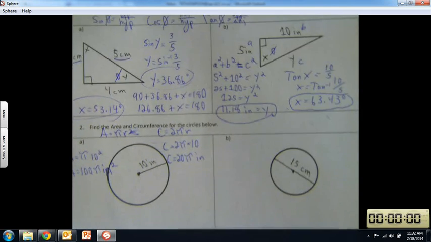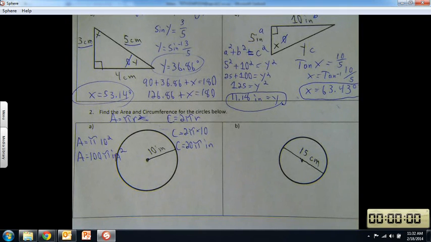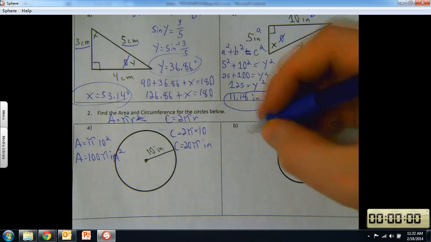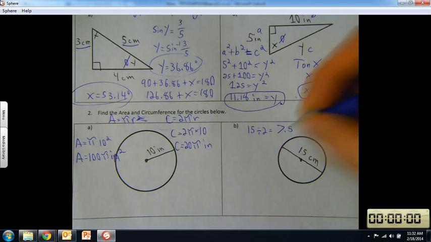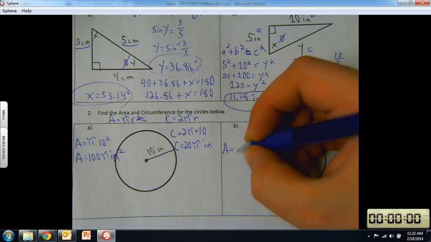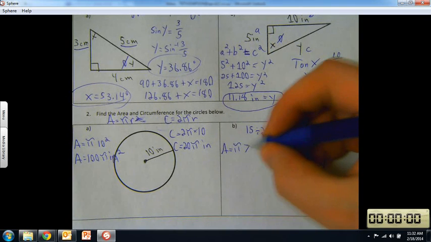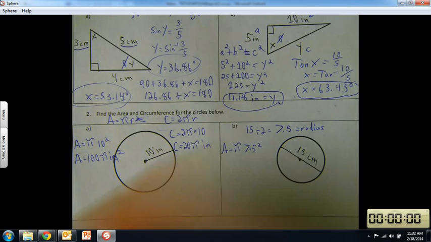Next one, you have to remember it gives you diameter, not the radius. So if 15 is the diameter, then 15 divided by 2, which is 7.5, is the radius. Use that in your calculations. Area equals pi 7.5 squared. 7.5 times 7.5 is 56.25.